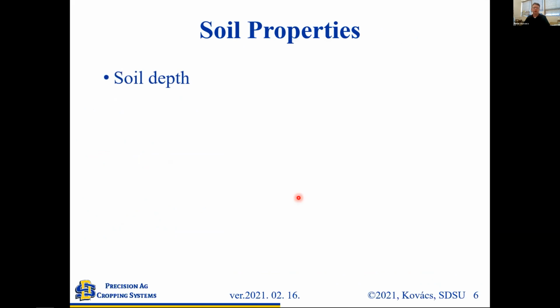So if we look at some of the soil properties, what we could expect changes as our landscape position changes. If we have some erosion potential or we experience some erosion, more likely we'll have soil depth differences.